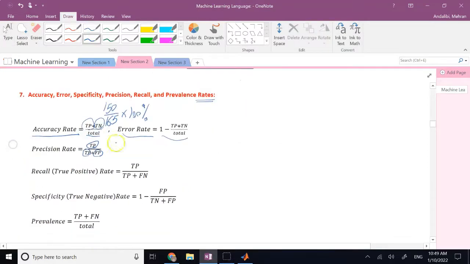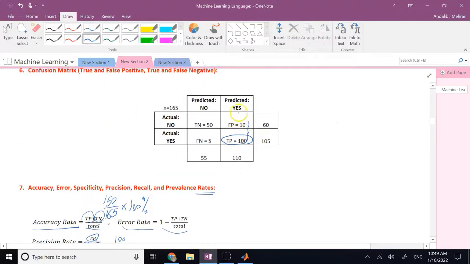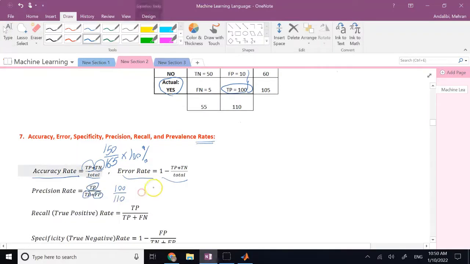So for this case, it's going to be 100 over 110. It says out of the cases that you predicted yes, how many of them were actually yes? So if detected positive, what is the chance that it was actually positive, right?